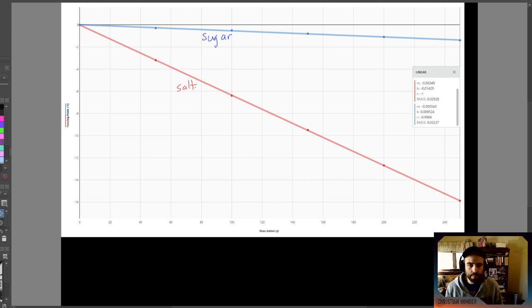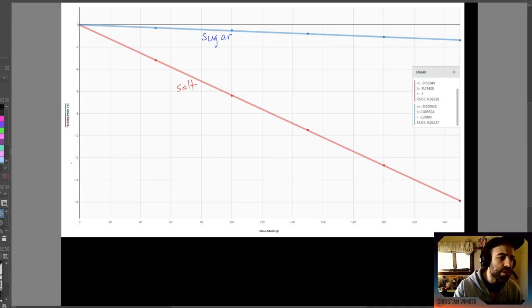As we are adding sugar and salt to this water, we see that the point at which they freeze is changing. And that's a really important thing for us to understand. The more sugar that I add, the freezing point seems to be dropping. And immediately I see it seems to be doing it more with the salt than with the sugar.